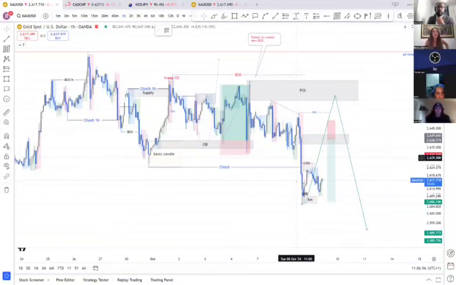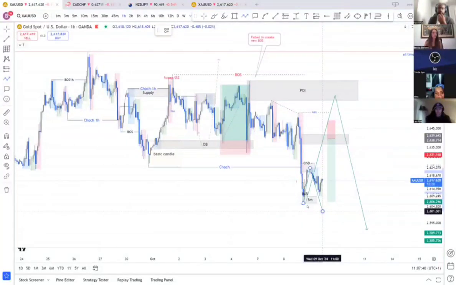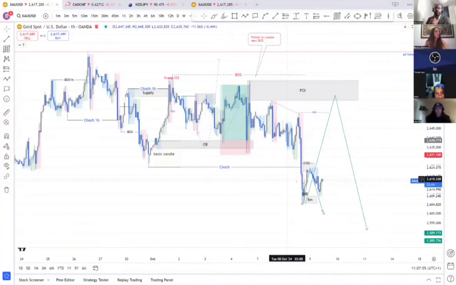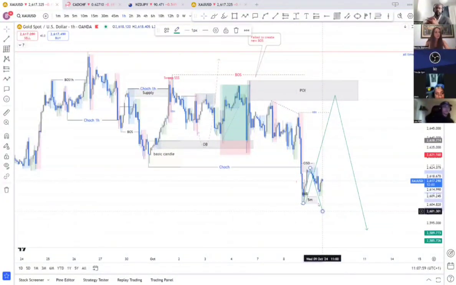which started to go quite well, and then as expected, gave us a new change of character on the 1 hour time frame. If the price went lower and created this break here, then this would be our last inducement, and this will be our 50% zone to trade, right? And then if this was the inducement, then we would definitely consider the price reacting right here.